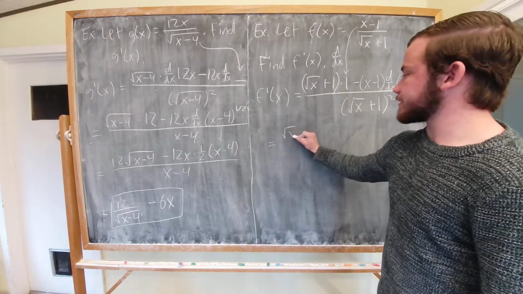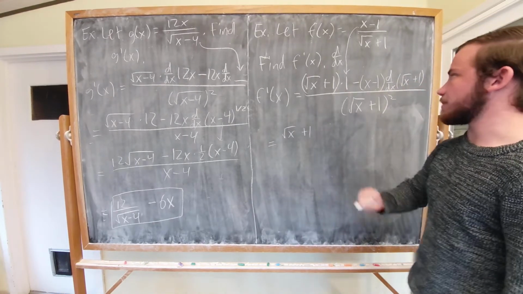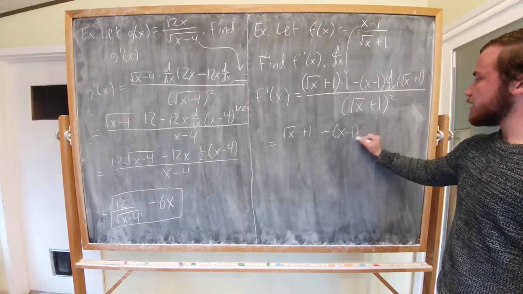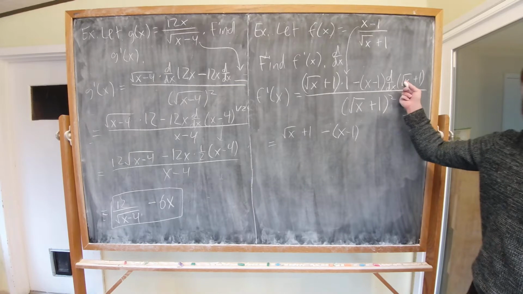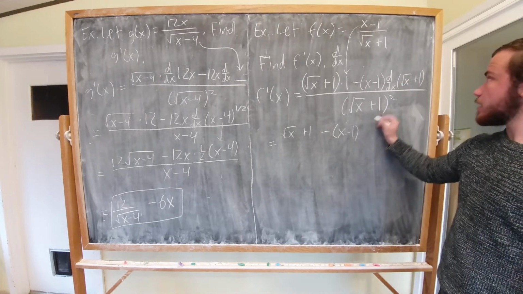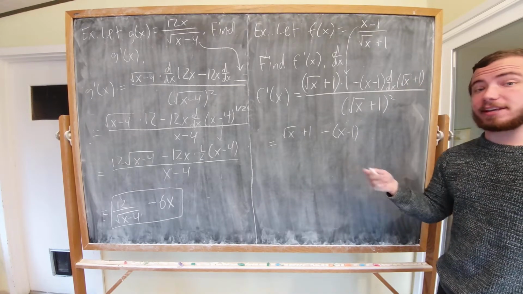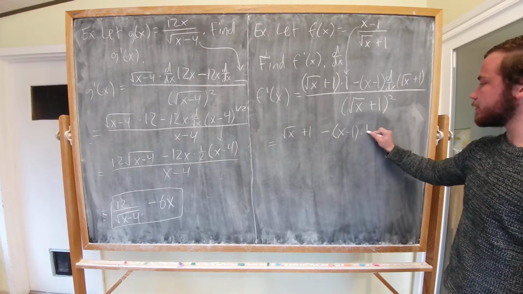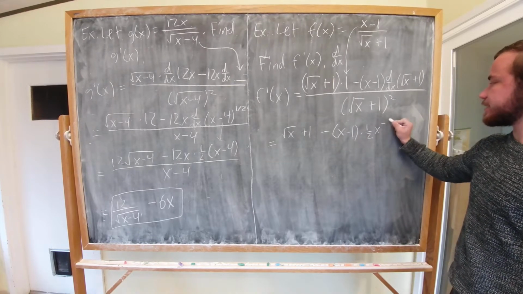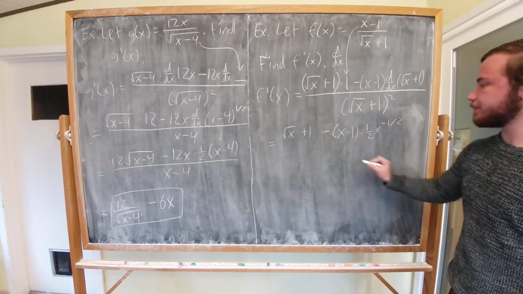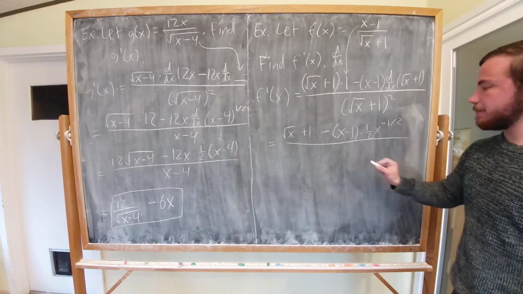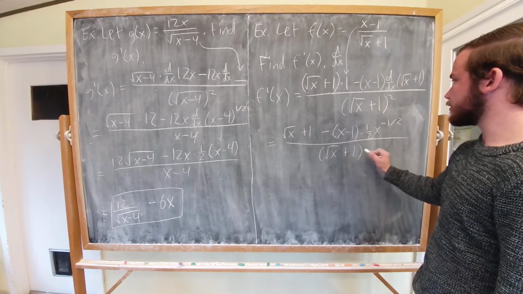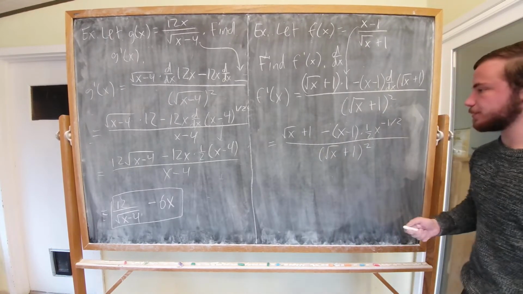Well, this is the square root of x plus 1, just from that first part, minus x minus 1 times, this is x to the 1/2 power, and this is a constant, so that gets zeroed out by the derivative, and we're left with 1/2 x to the negative 1/2 divided by square root of x plus 1 all squared.